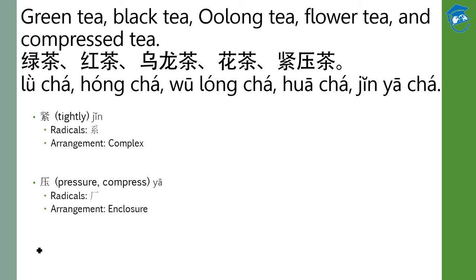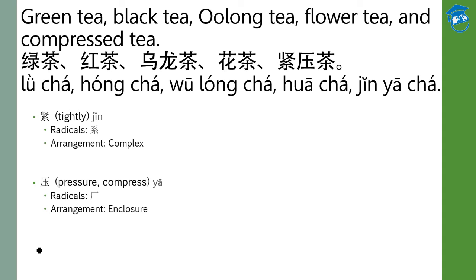So 绿茶 here, it means green tea. And 红茶 is actually black tea. Okay, 红, as you have learned before, is red, but when it's being translated in English, we know it as black tea. Okay, but in Chinese, it is 红茶.